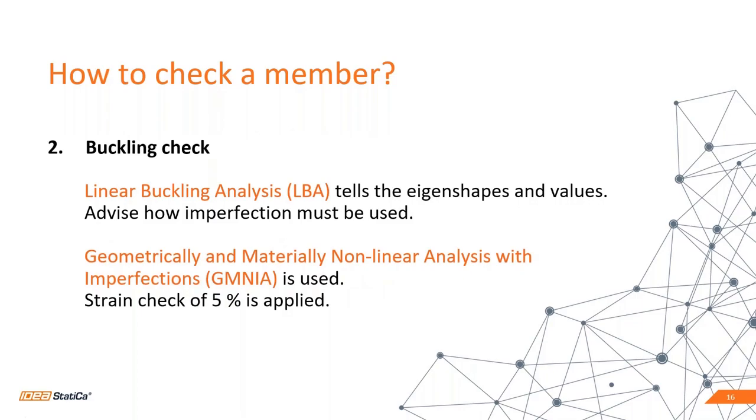Once we want to check the buckling issues, we need to see the eigenshapes and the corresponding critical force factors. Once we have this information, which we get from the linear buckling analysis, we can decide which eigenshapes are the dangerous ones for the structural member, and we will apply some imperfection on these eigenshapes.